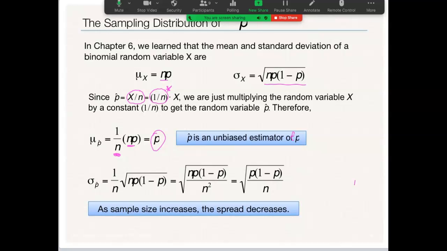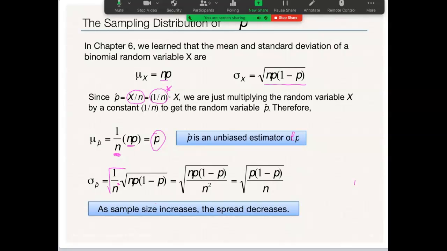And then sigma p hat, same thing. I'll just multiply through by the constant multiple. To sneak that constant multiple under the square root, I'm going to rewrite it: instead of 1 over n, I'm going to square it and put it under a square root. Then I can multiply it inside the radical.